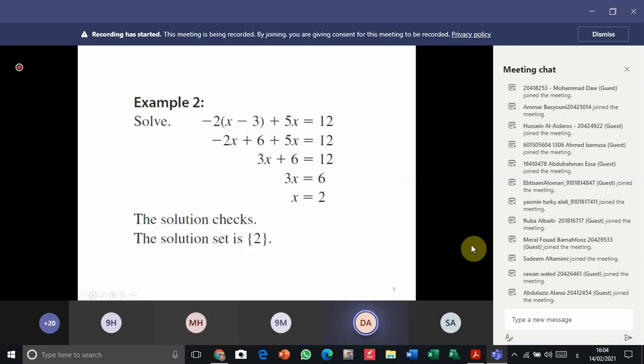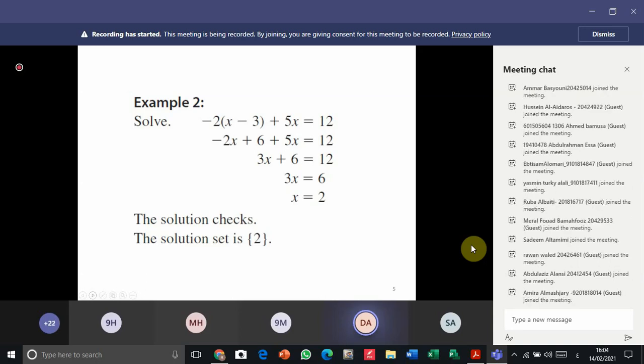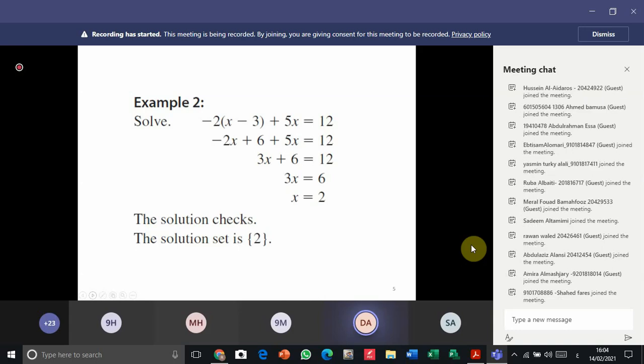Look at this. We have a linear equation. Why is this a linear equation? Because the power of x equals 1. I don't have x to the power half, or to the power 2, or to the power negative 2. We have x to the power 1. Firstly, we need to remove the brackets.